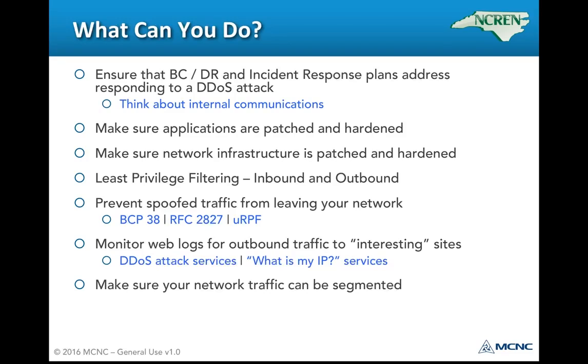So if you can segment out your outbound traffic from your web server IP address or your DNS server IP address, that's a good thing to do, because then you can apply rules and filters that only impact the system that's being targeted without impacting everything at the same time. So that's something you want to make sure you look at in your network architecture.